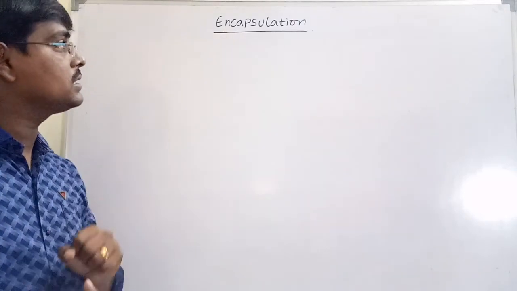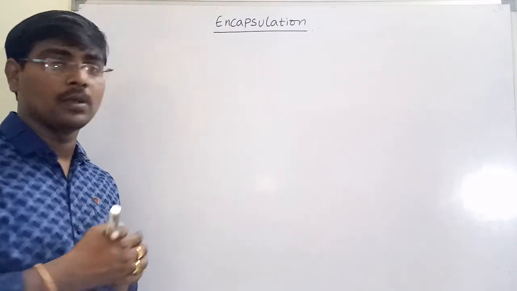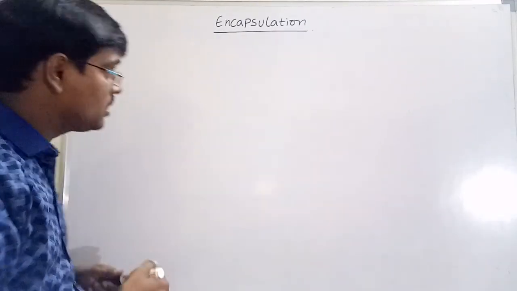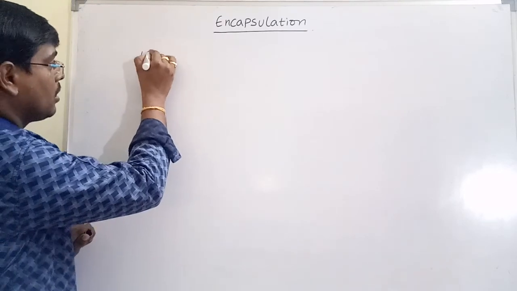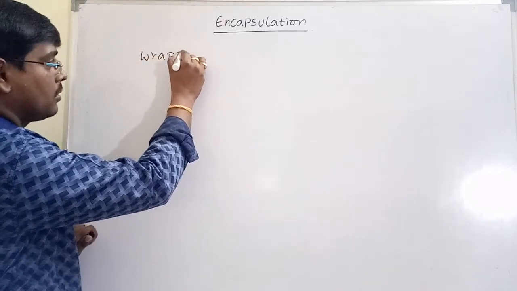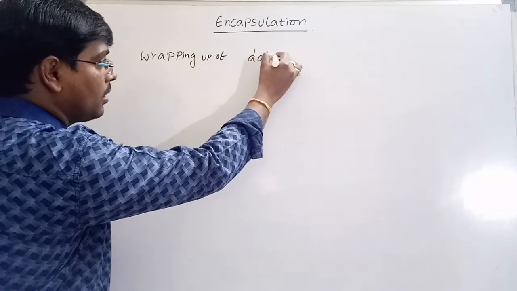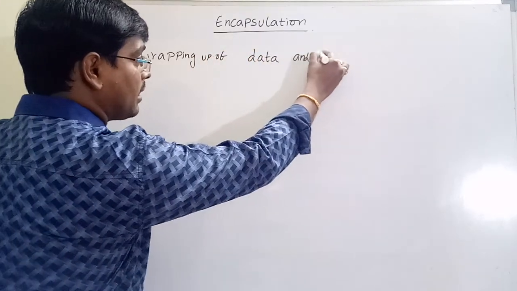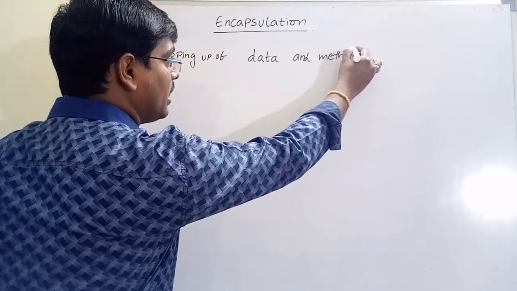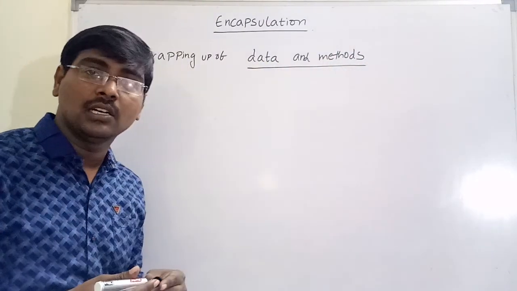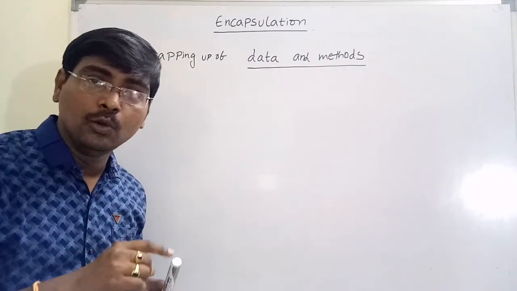Today we will discuss one of the object-oriented programming principles, that is encapsulation. What do you mean by encapsulation? We already discussed that encapsulation is wrapping up of data and the methods that use the data into a single unit.